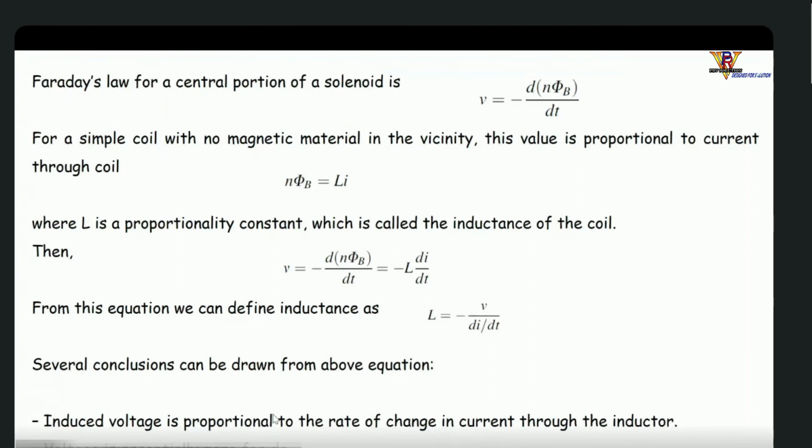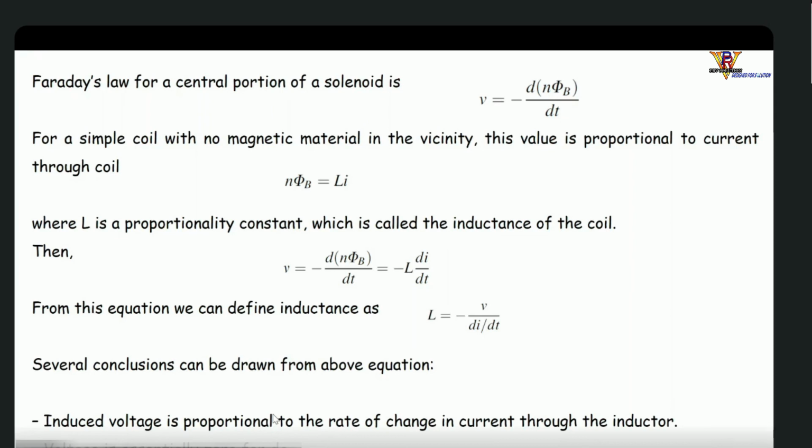So N phi B can be equated to L I, where L is the proportionality constant, called the inductance of the coil, and I is the alternating current, or AC current, flowing through the coil. Thus, V can also be written as minus L di by dt. So from this equation, we can define the inductance as L equals minus V by di by dt.